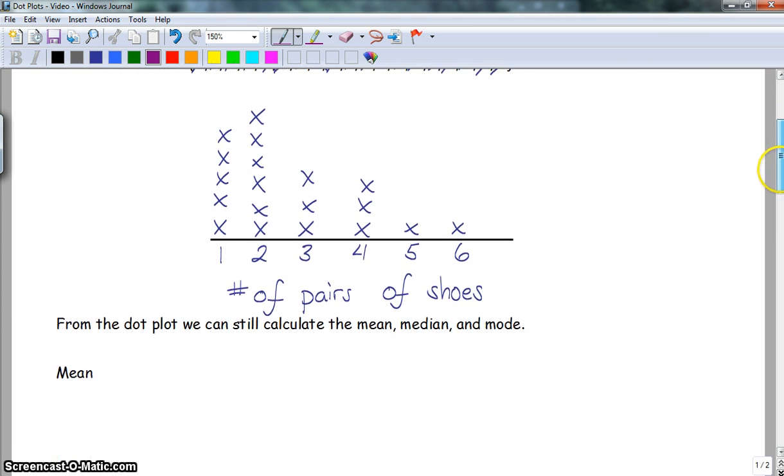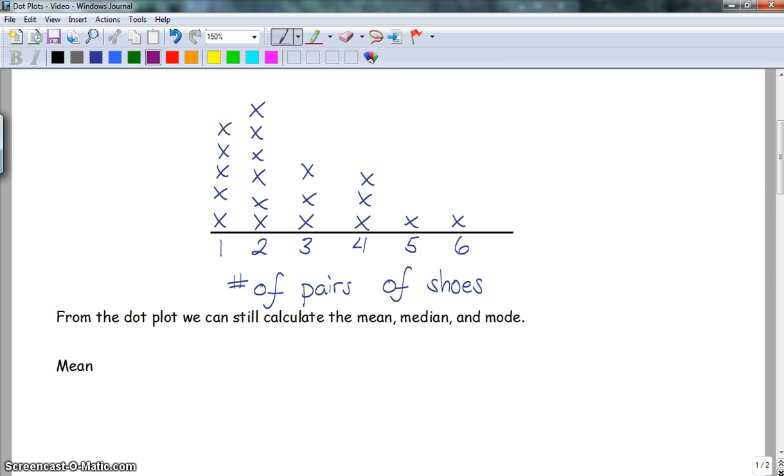So first thing I'm going to do with this graph is calculate the mean. It's the same thing as before. You're going to add up all the values and divide by the total number of data points there are. So in this case, I have 5 points that have a value of 1.